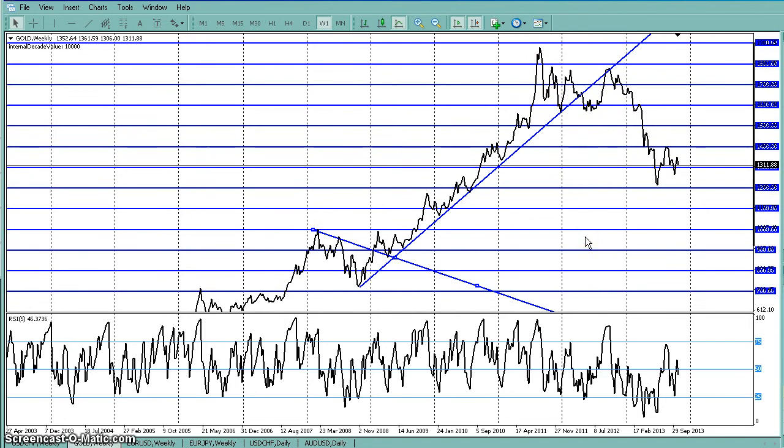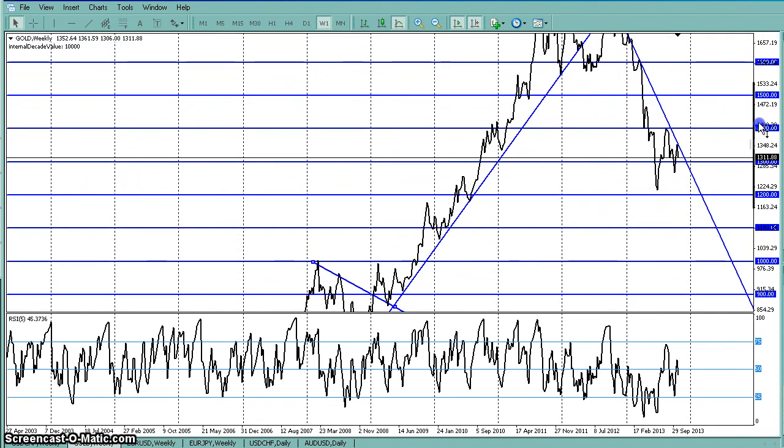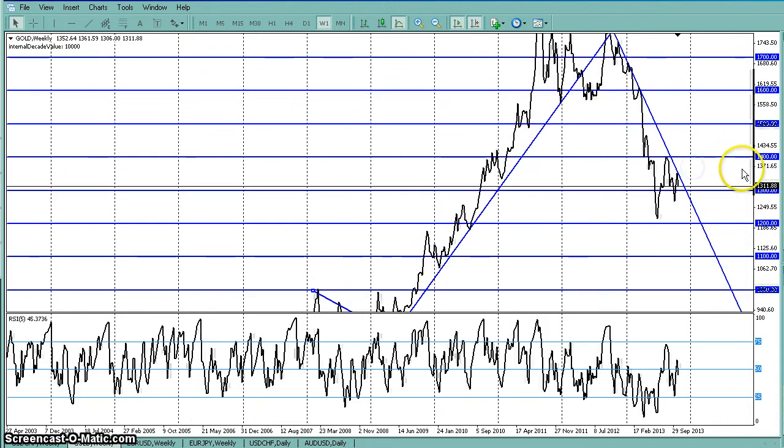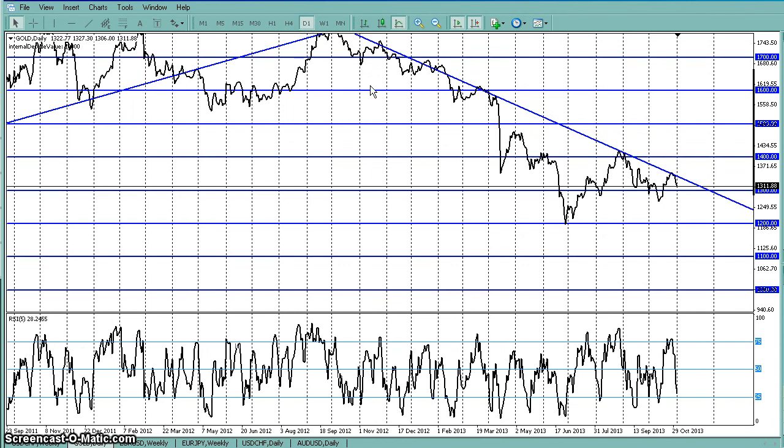But yeah, so the decline in gold, it's going to take some time if it's going to go down here. But the current picture is really range bound. I think 1400 would certainly be the resistance and 1200 support. I mean, that's a 200 point range, and I'm sure there'd be a lot of thrills and spills within that.